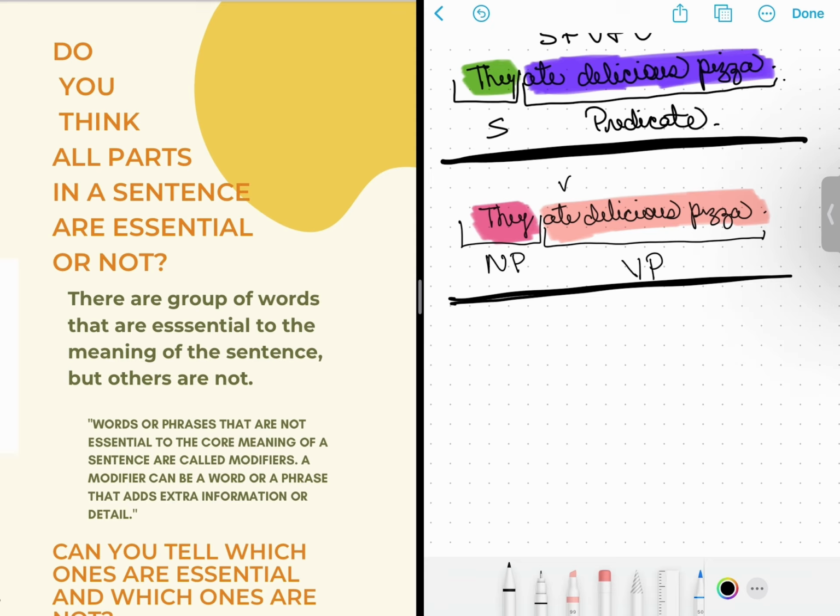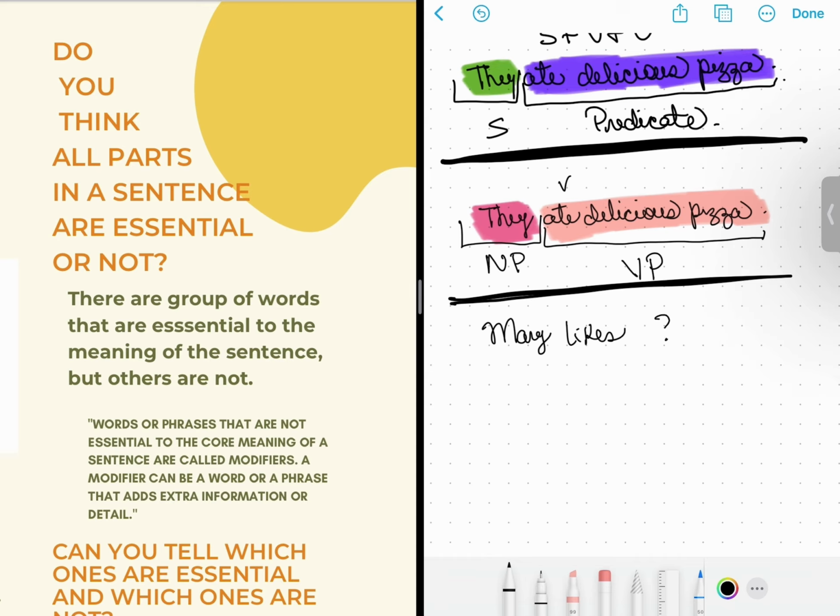Essential are those words that need to be there in order that the sentence has a complete thought or a complete meaning. For example, if I just told you, Mary likes, is it a complete sentence? Of course not, right? Because Mary likes what, Professor?